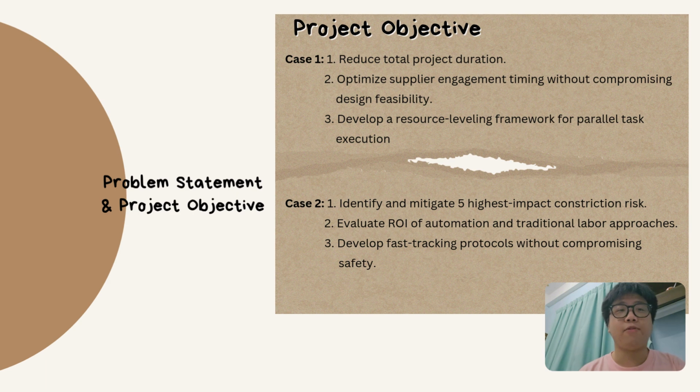The project objectives for the second case study are to identify and mitigate the 5 highest impact construction risks, to evaluate the ROI of automation and traditional labor approaches, and to develop fast tracking protocols without compromising safety.